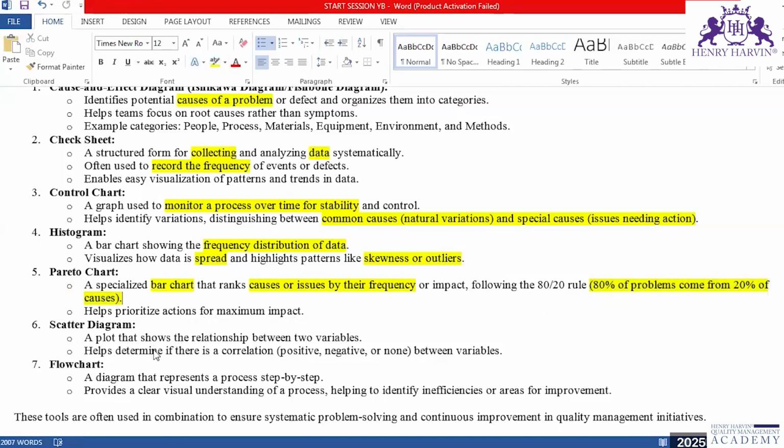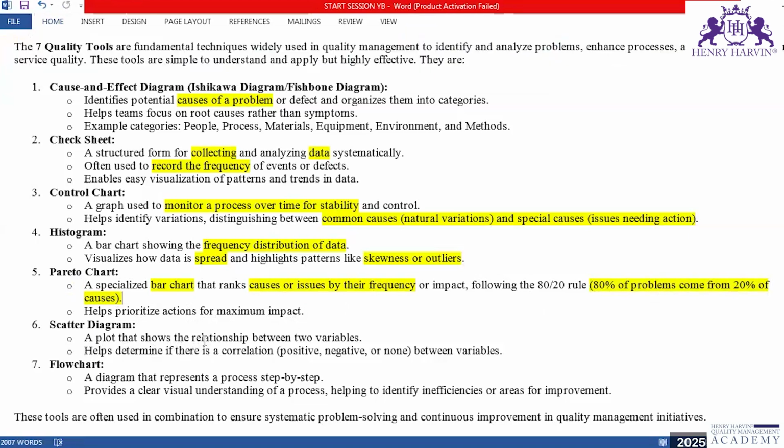Now scatter, very important. It is the tool which you would find most important, and that is the relationship between problem and cause. If you notice here, there are two variables that we are dealing with. One is problem, another is cause.